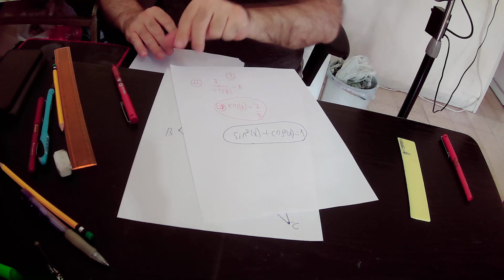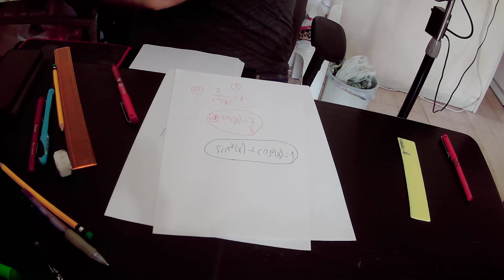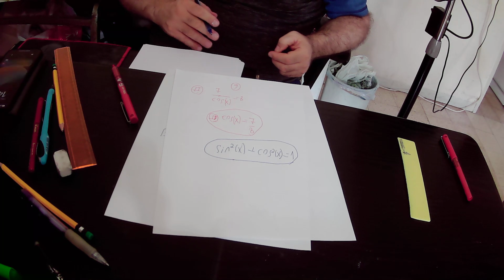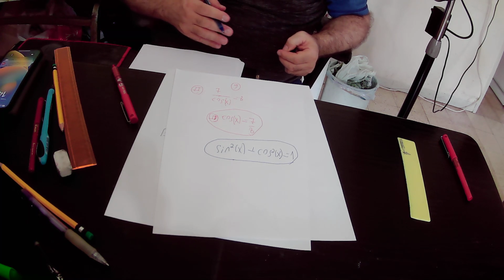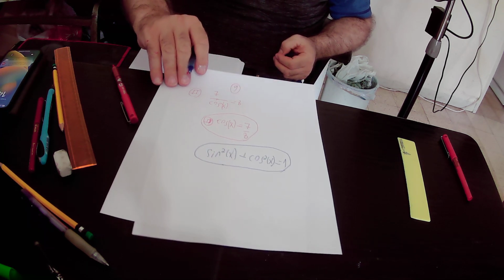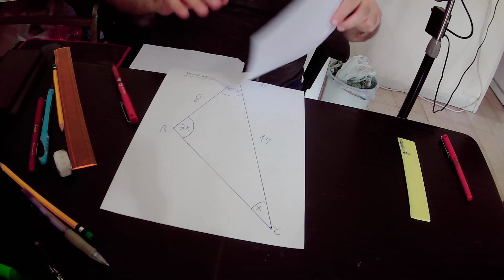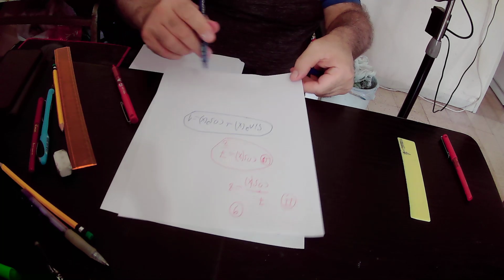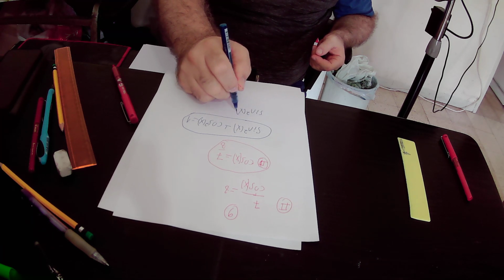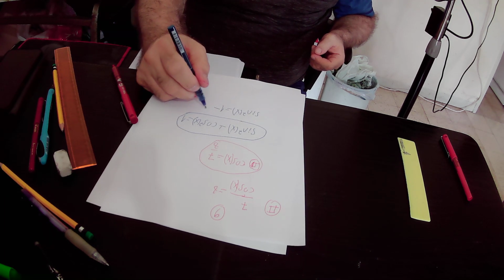Sine square x plus cosine square x equals 1. So from this trigonometric identity, we will subtract cosine square x, and we will get that sine square x equals 1 minus cosine square x.